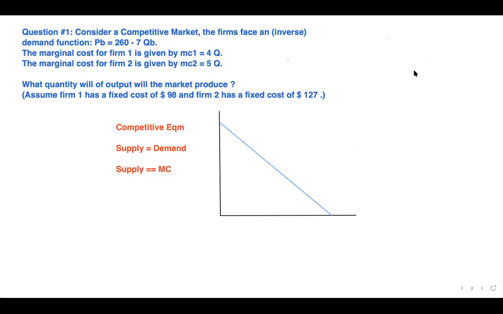Now, if I graph both of these marginal cost curves, they're just going to be, and this should sound familiar, rays out of the origin. Since this is an illustration, I'm not drawing them to scale, because I know it's going to look basically like this. It's just that the slopes are going to be different.